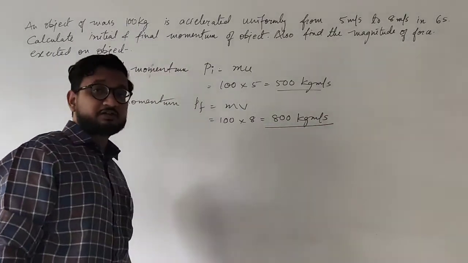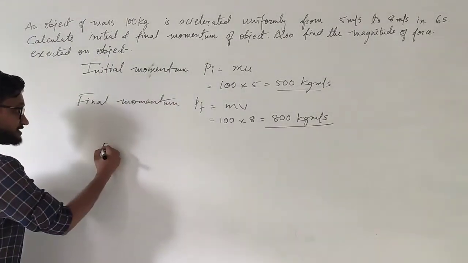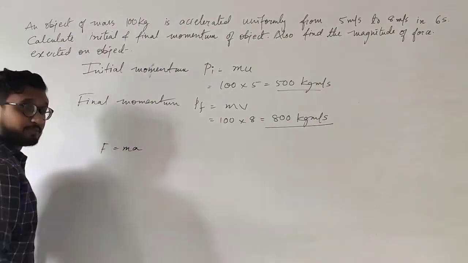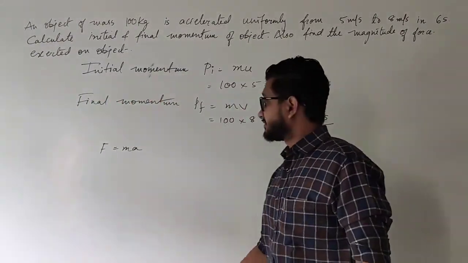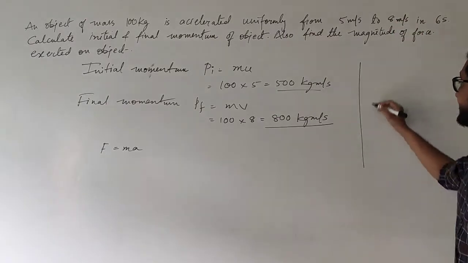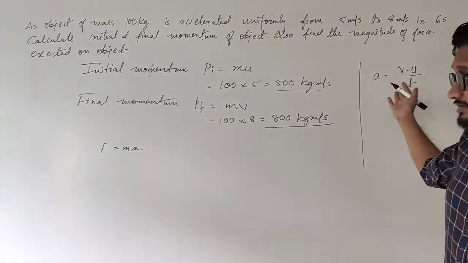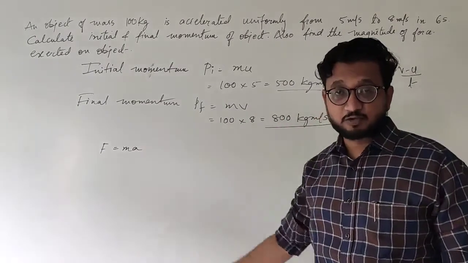Now in order to find the force, you can use the formula F is equal to ma. But for that you will need to find the acceleration first. So acceleration formula a is equal to v minus u upon t. Find the acceleration, substitute the value and find the force.